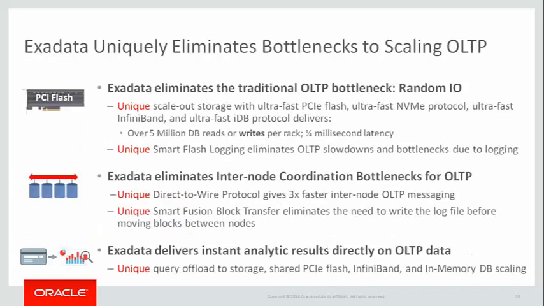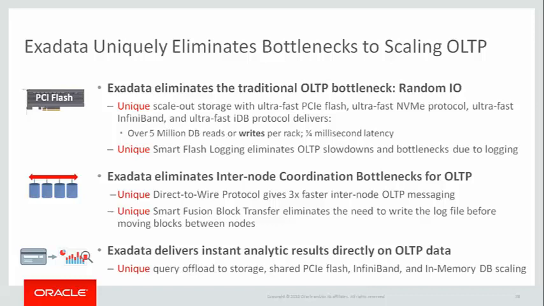Exadata uniquely eliminates the bottlenecks to scaling OLTP. We are going to talk through this in three different sections. First, we'll see how Exadata eliminates the traditional OLTP bottleneck, which is random I/O. Then we'll talk about the internode coordination bottlenecks and how Exadata helps there. And then we'll talk about analytic results.